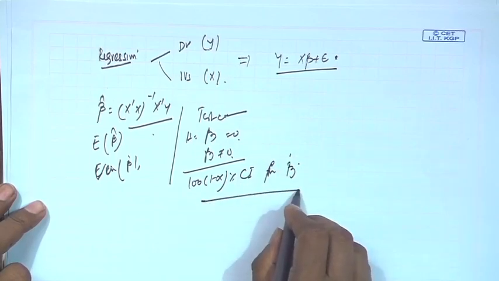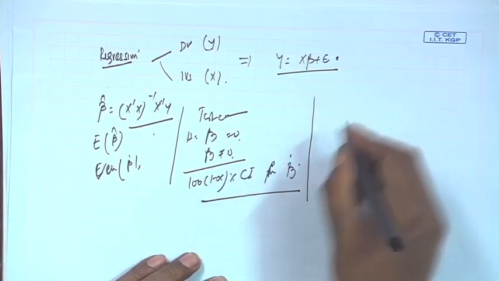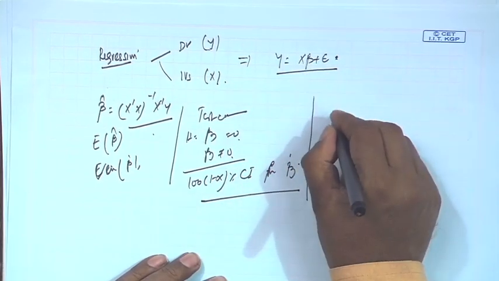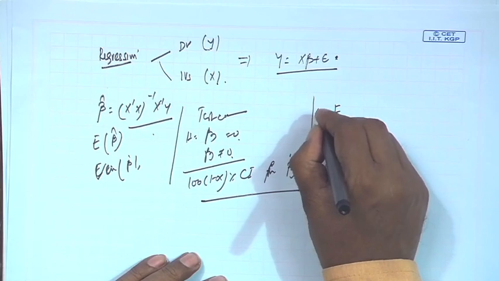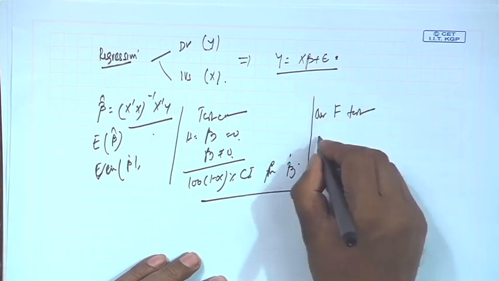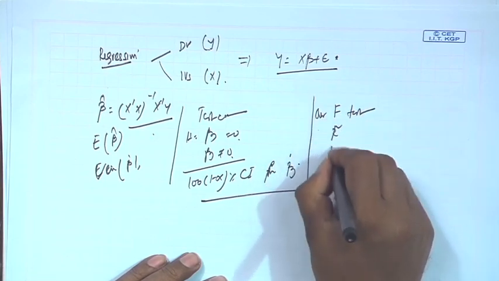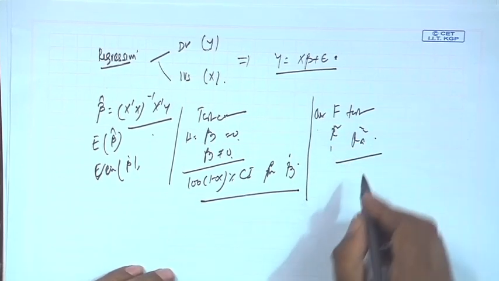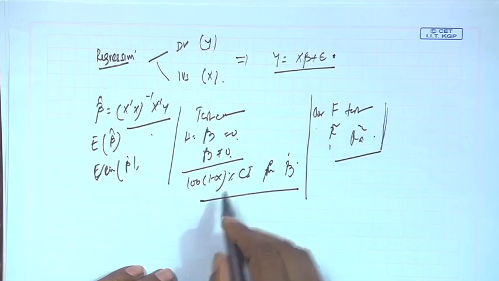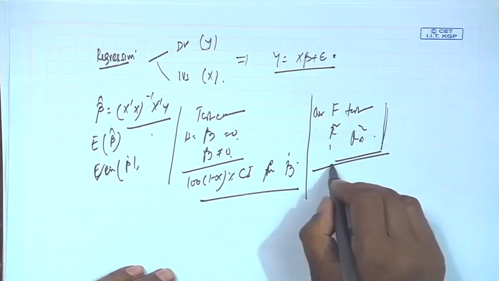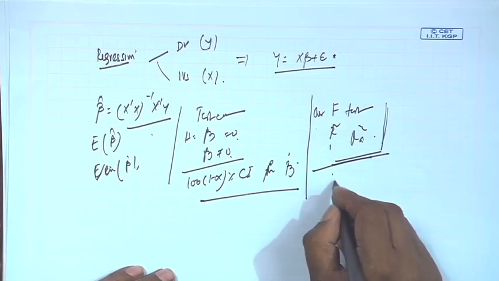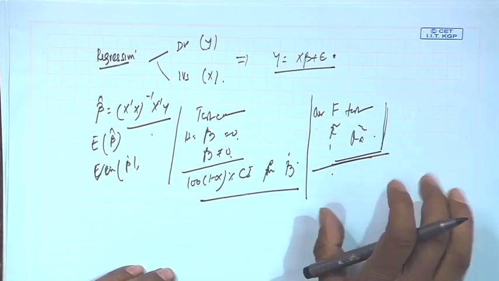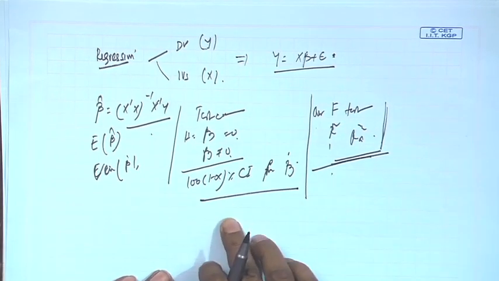And then we found out whether the model is fit or not using the overall F test, and R square, adjusted R square. Also, we have discussed whether a set of variables is contributing or not contributing, both the partial marginal test and subset hypothesis testing we have done.